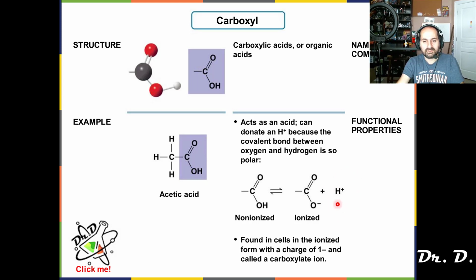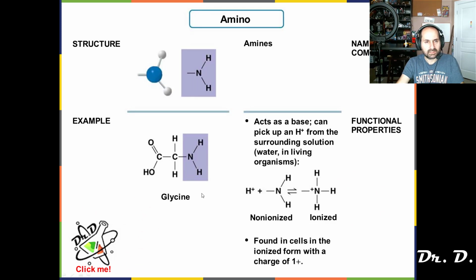Remember, more protons means more acidic. So acetic acid, for example, has a carboxyl group, so that's why it's an acid. Anything with a carboxyl group is an acid, okay? Why? Because when you place it in water, it pops off a proton and it makes the solution more acidic. So if you want more information on that, please click on this link.